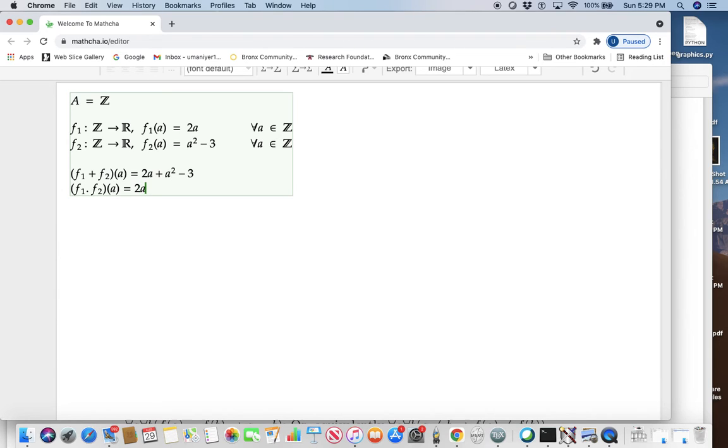It is 2a times a squared minus 3. This is the case for all integers a. So this is an example of how you would add or multiply two real valued functions.